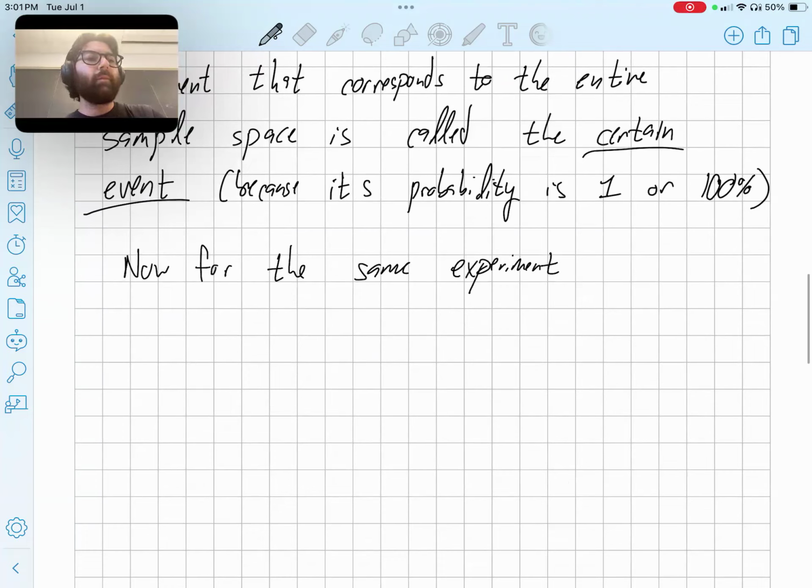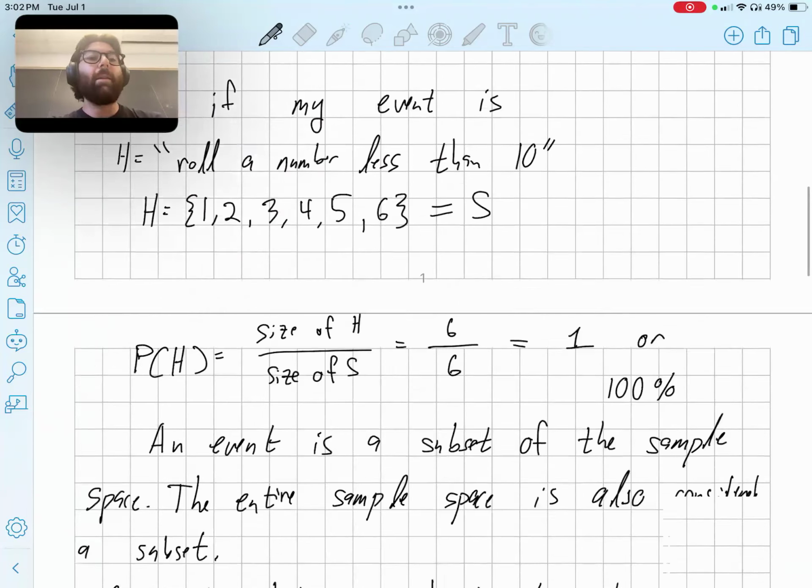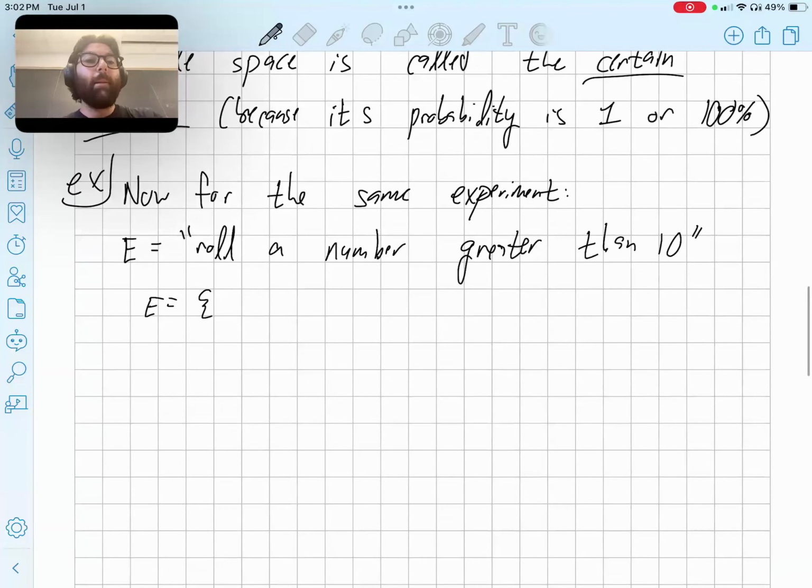Let's look at our sample space, 1, 2, 3, 4, 5, 6. For each of these, we say, is it greater than 10? And if it is, we'll include it in our event. 1 is not greater than 10, so we don't include it. 2 is not, 3 is not. 4, 5, and 6, none of these are greater than 10. And so our subset E, there's nothing in it.